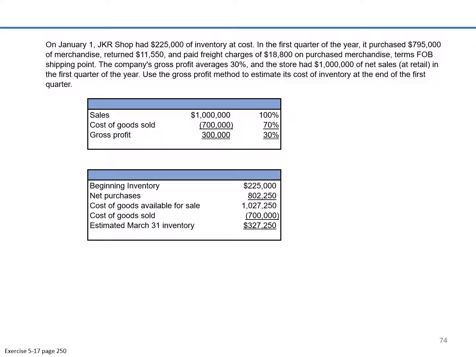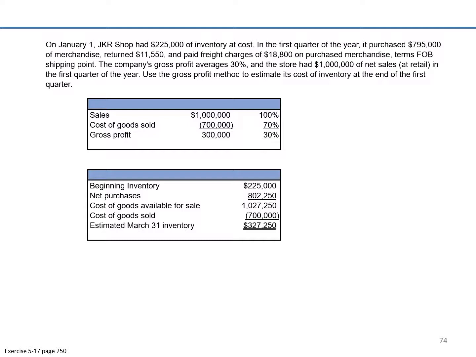So then we know we have beginning inventory of $225,000. Net purchases is $802,250, so that's our $795,000 less our $11,550 plus our $18,800 gets us to $802,250, I think. Let me make sure.